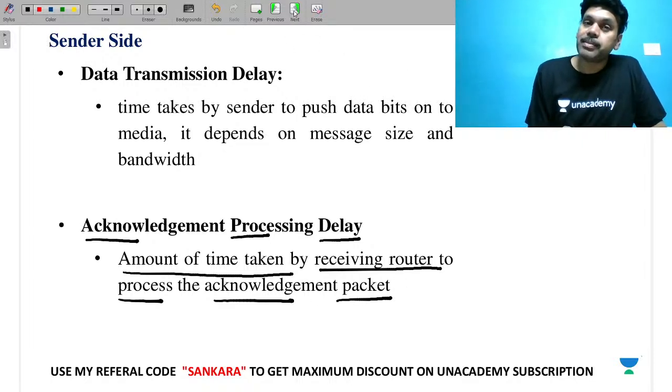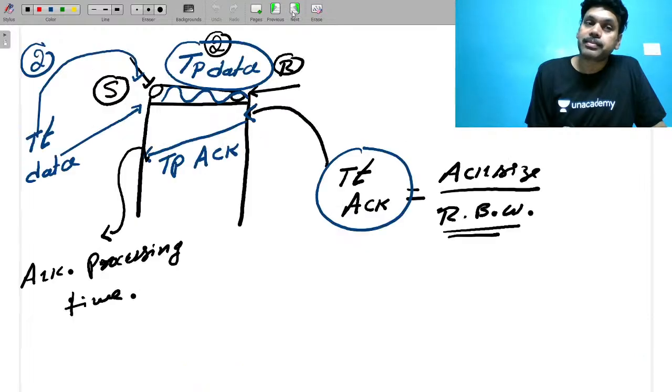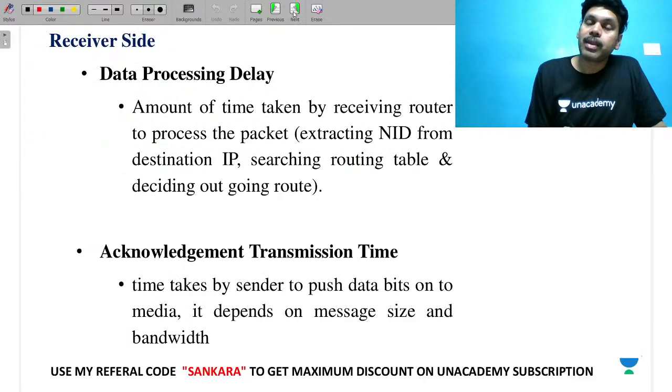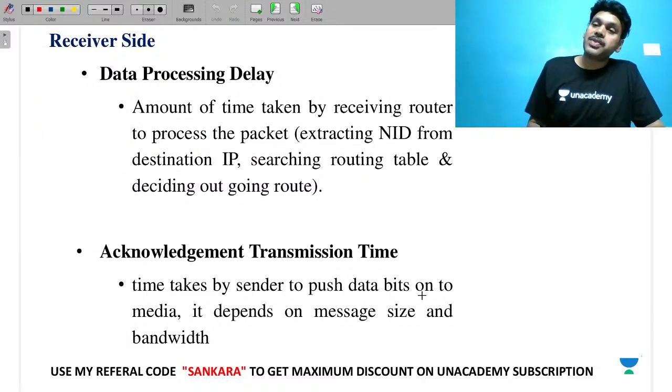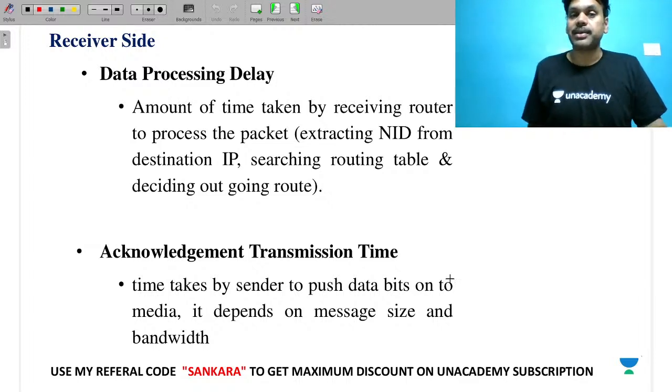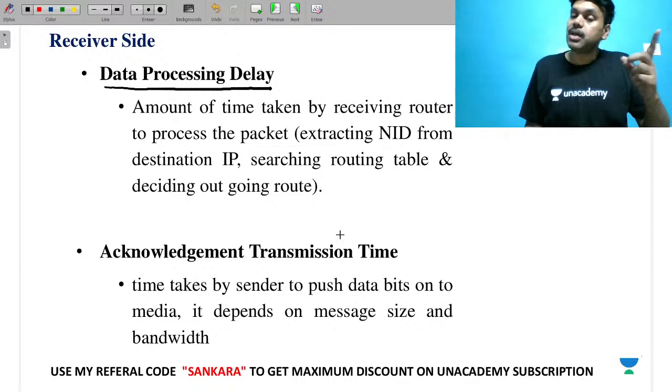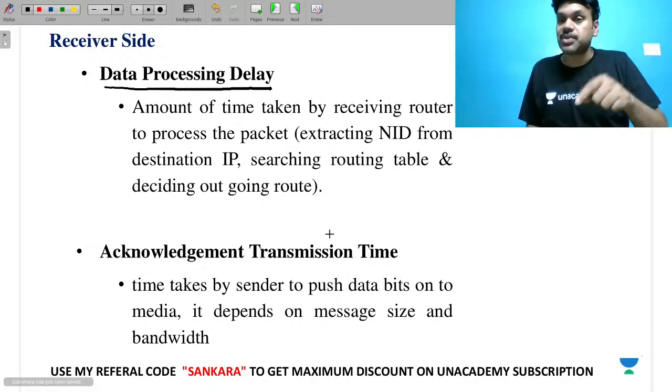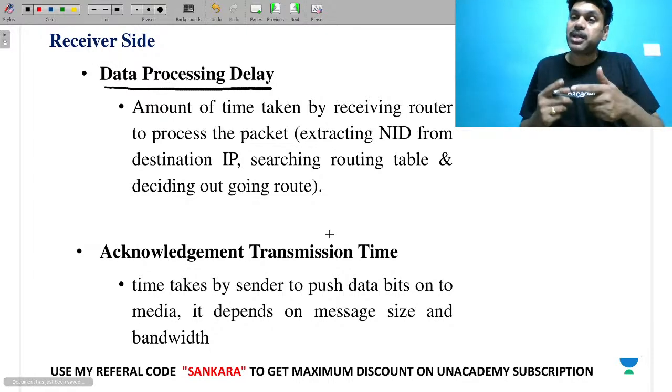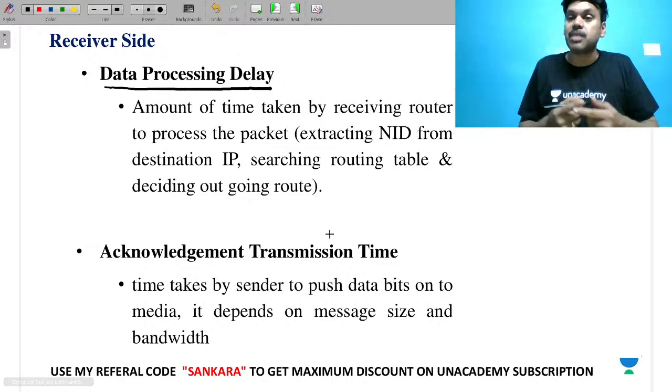Now let us see the two other delays which happen at the receiver side. One is data processing delay. Please observe, the receiver sends an acknowledgement to the sender, so the sender sees the acknowledgement processing delay. But here the receiver receives the data. He will open up the data and see whether the data bits are corrupted or not.